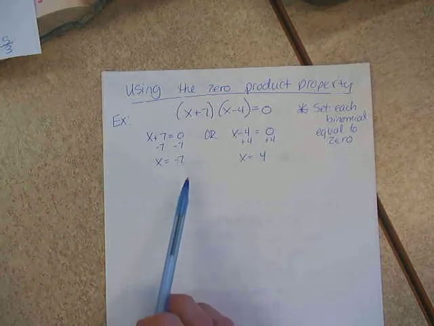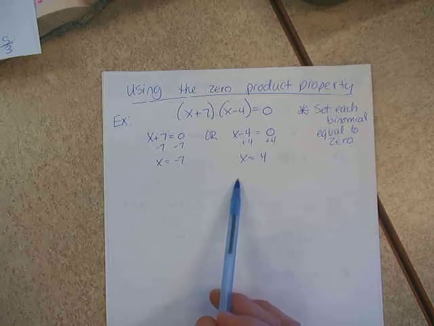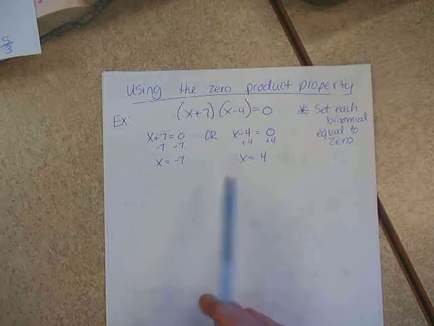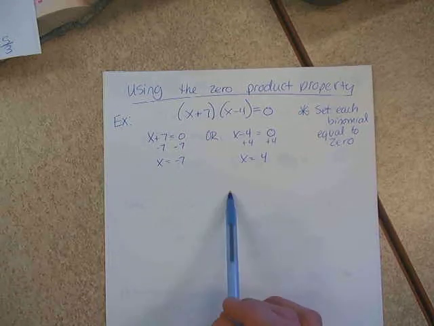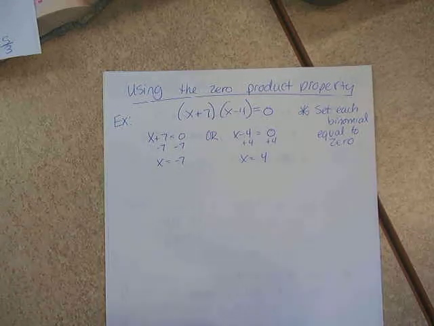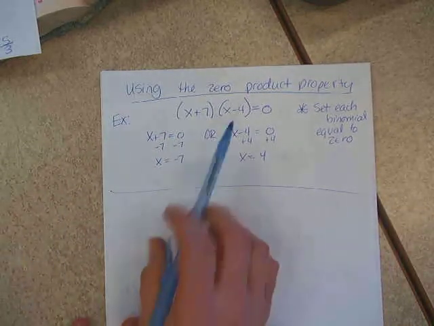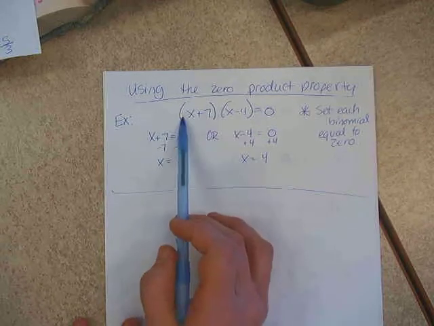So the reason these numbers are not the same is because it shifted horizontally. It's no longer centered on the y-axis. So this particular parabola would cross the x-axis at negative 7 and positive 4. It's just off-center. So it is okay to get two numbers that are not opposites of each other. And you do want to be aware, you will not always have a positive and a negative. You might have two positives or two negatives. It means your parabola has just moved that far to the left or that far to the right.